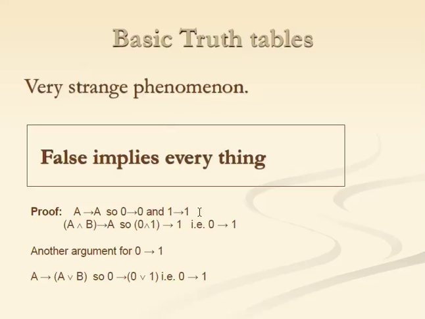We can also explain that false implies true. Why? That comes out true because if we have this proposition and we substitute A for false and B for true, then we get this, and A and B, these two statements, A and B is false if just one of them is false.